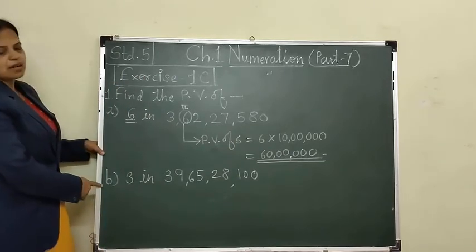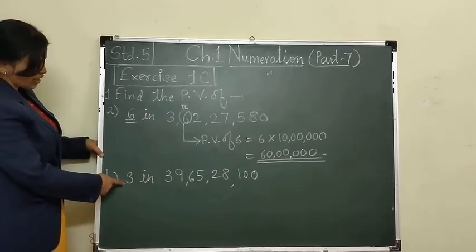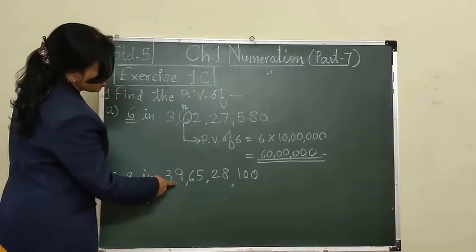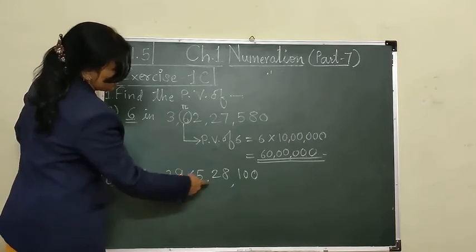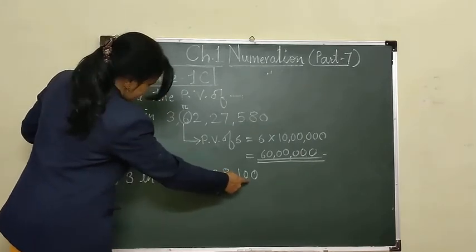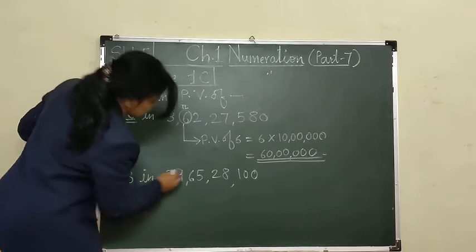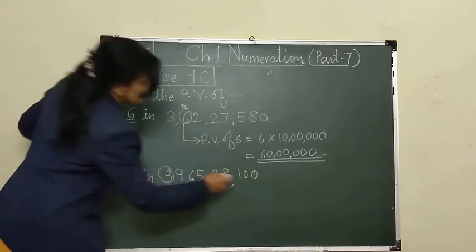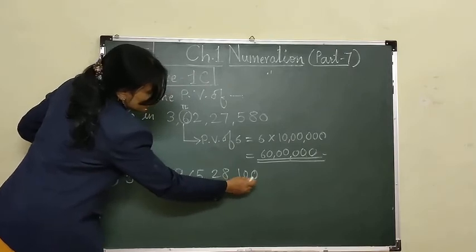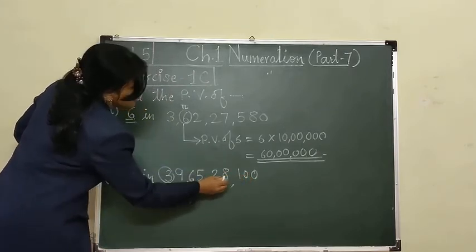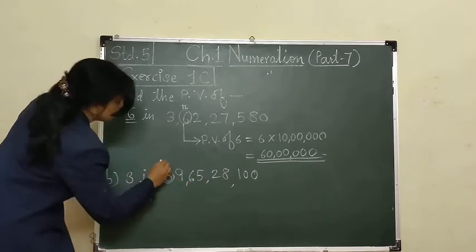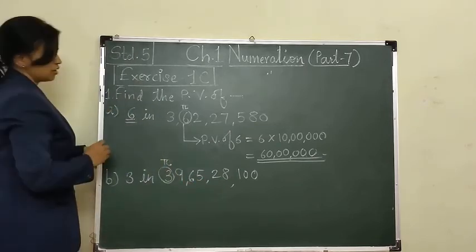Now the second example, we have to find out the place value of 3 in 39 crore 65 lakh 28,100. Where is 3? 3 is present at which place? You circle 3 here and count. From the extreme right hand side: ones, tens, 100, 1000, 10,000, lakh, 10 lakh, crore, 10 crore. So this is 10 crore.